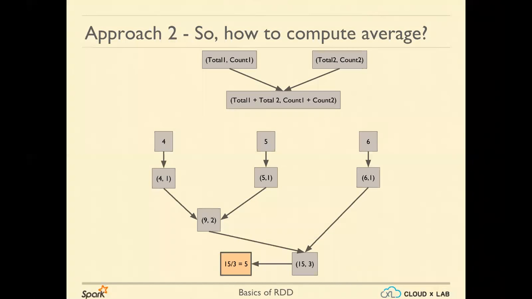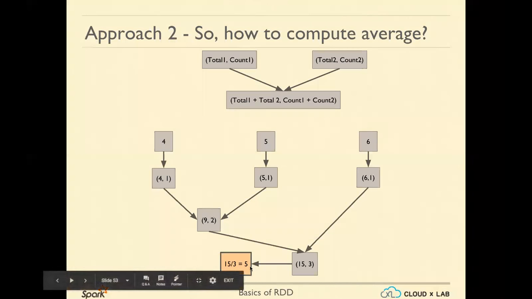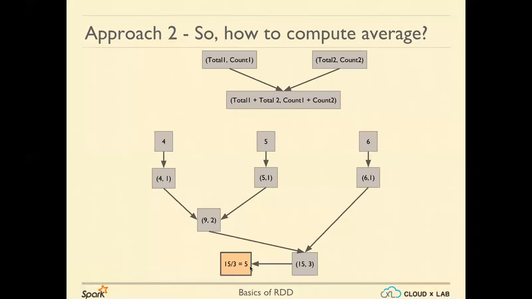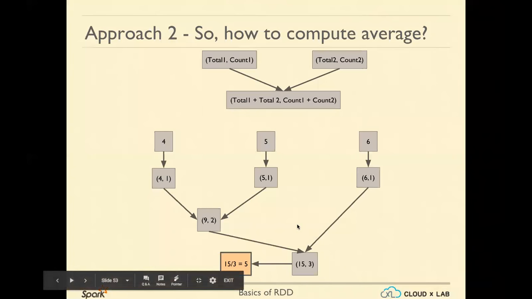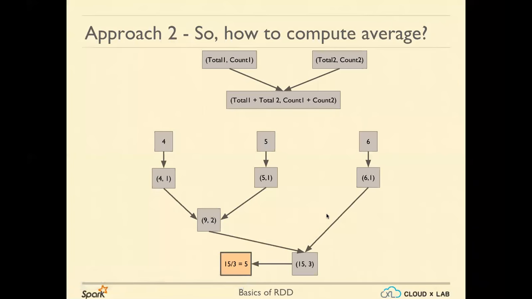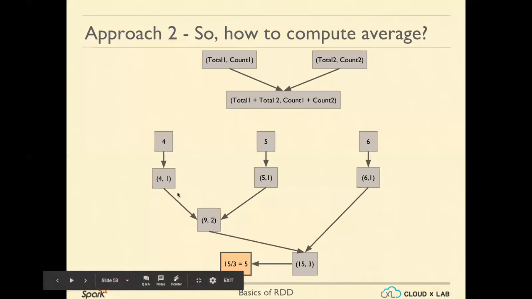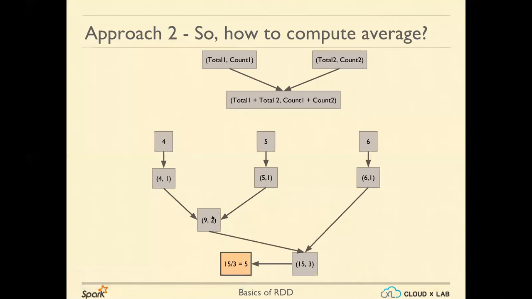Then also we'll get the same answer. So what we are doing is putting 1 on each and letting it sum up till the end. So we are basically fragmenting it apart. We are converting each element into a tuple in the first go, and then we are summing up the total and summing up the counts.